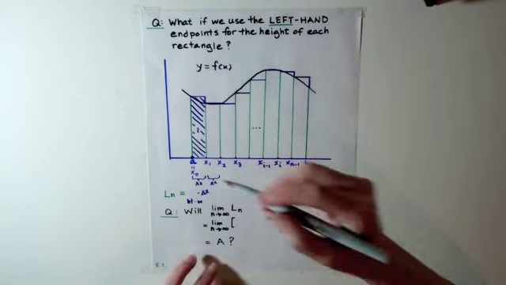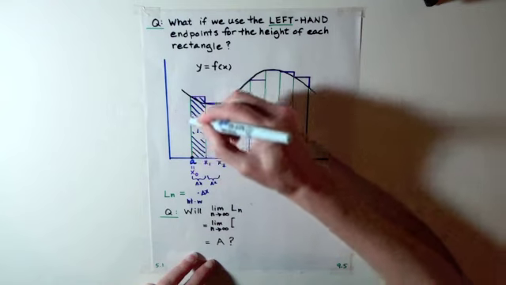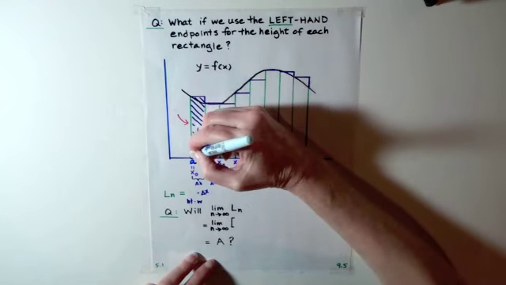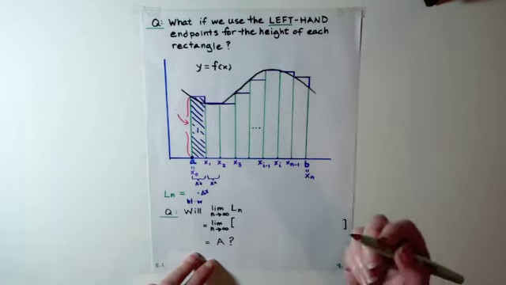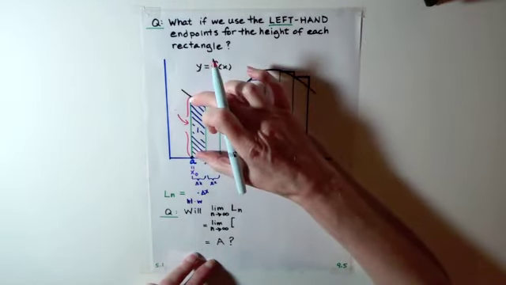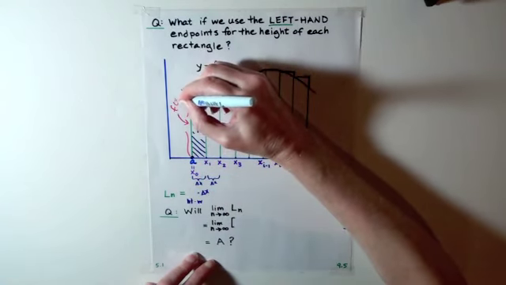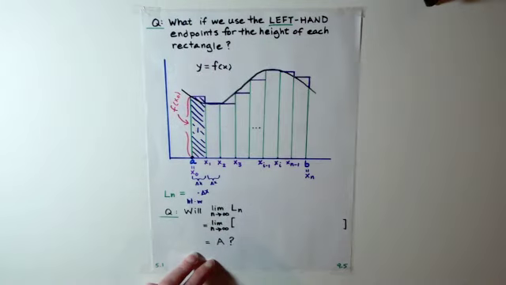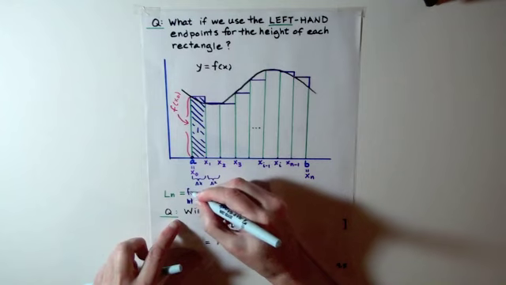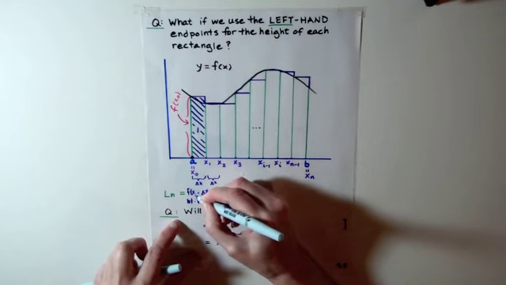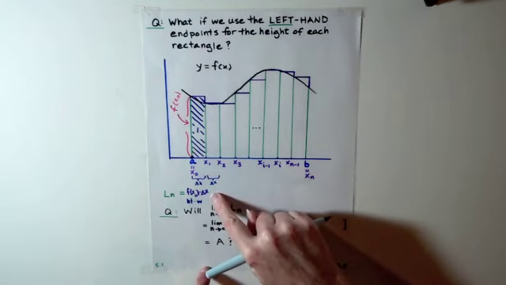Exactly the same way that we did before, except that now we're using the height at the left-hand endpoint instead of the right-hand endpoint. So this is now our height for the first rectangle. What is that height? It's the height under the curve at x0, so it's really just the function f evaluated at x0. So my very first height would be f evaluated at x sub 0, and then I multiply that by my width.